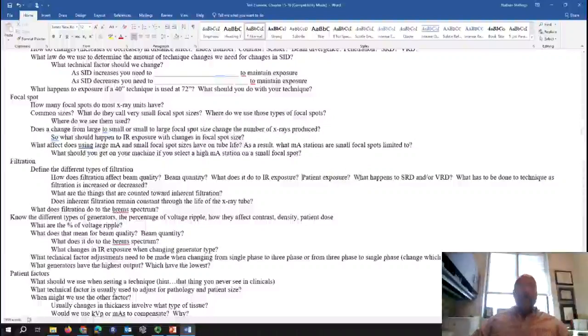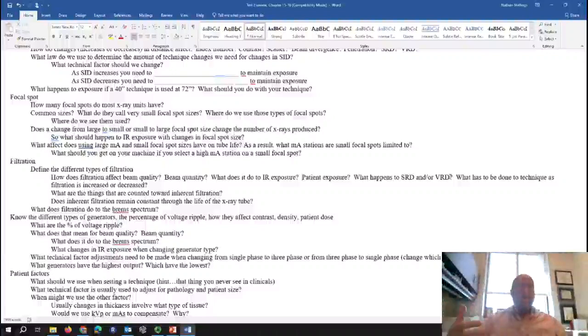Further reduce patient dose with more filtration. It's not going to do anything to sharpness of recorded detail, and it's probably not going to do anything observable to visibility of recorded detail. But since we have a more penetrating x-ray beam, what we're going to have left is a little bit more scatter radiation.